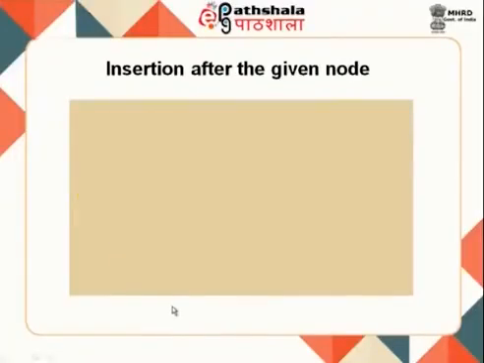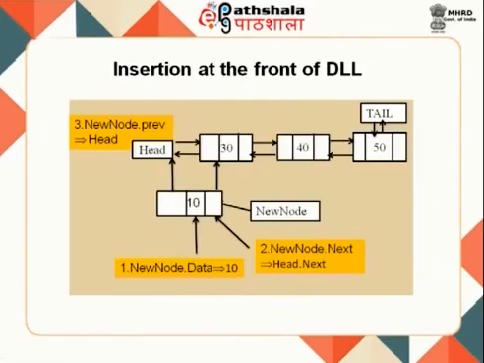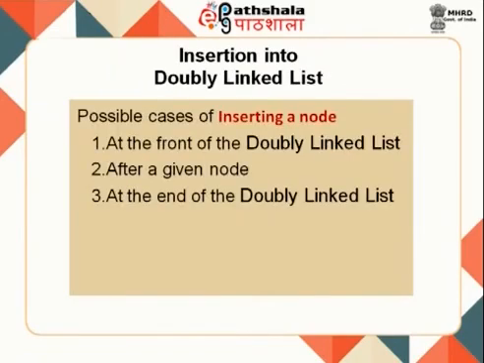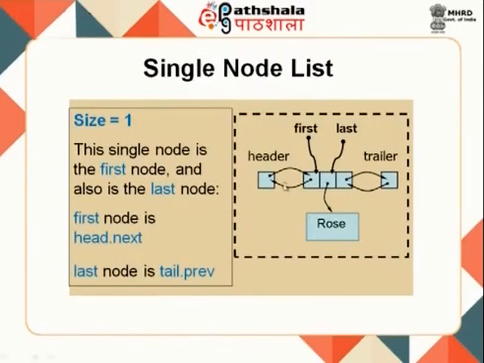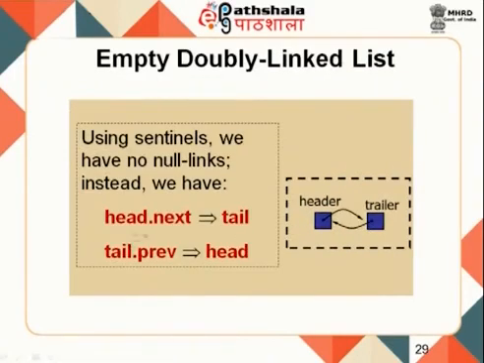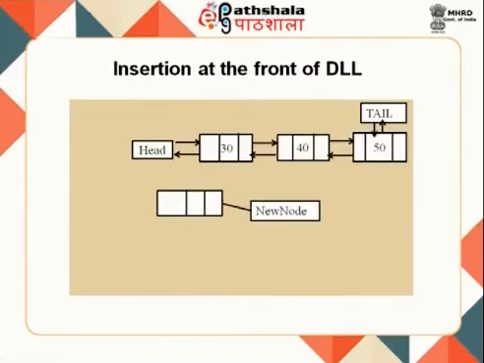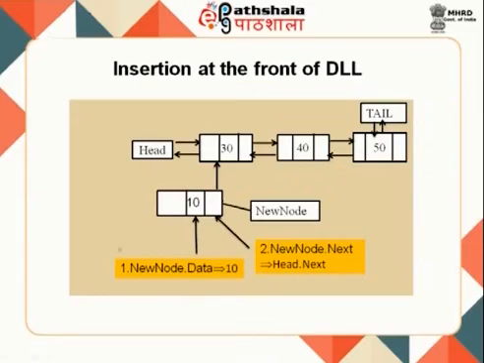Let me repeat this once. You have a new node in which you put the data. Please note that here we are assuming the head node itself has a dot next, which will point to the first node. Then new node dot next will point to head dot next, and new node dot previous will point to head.